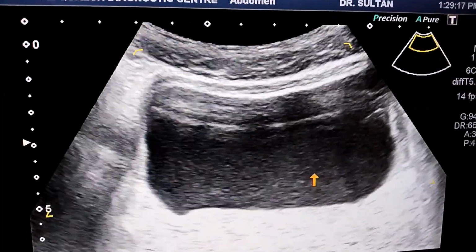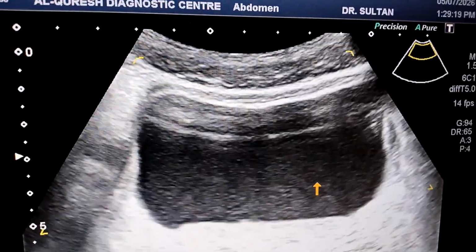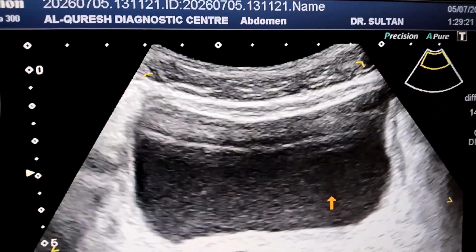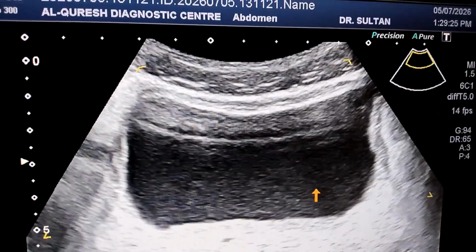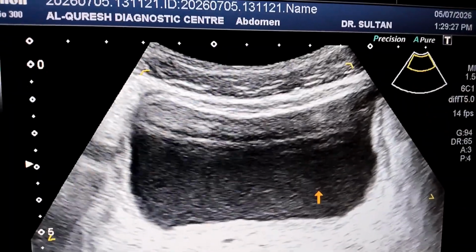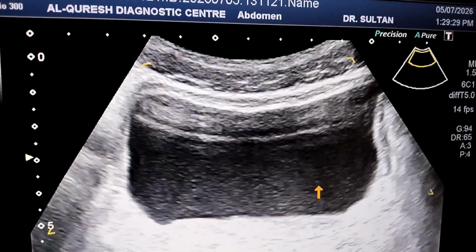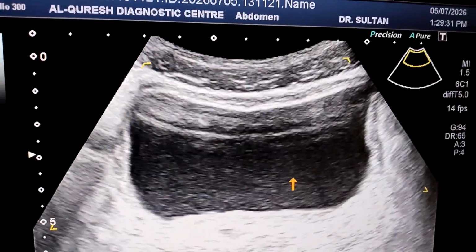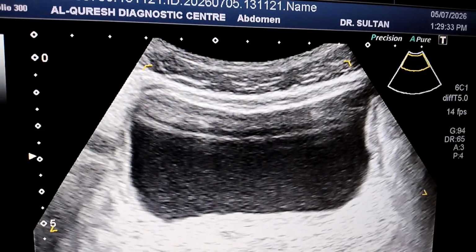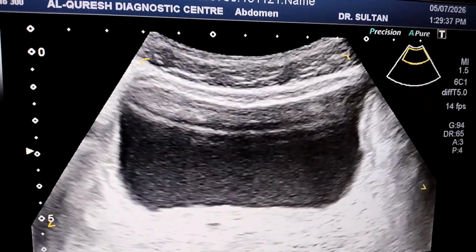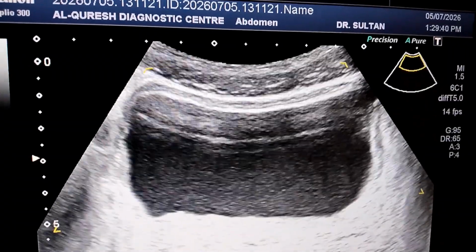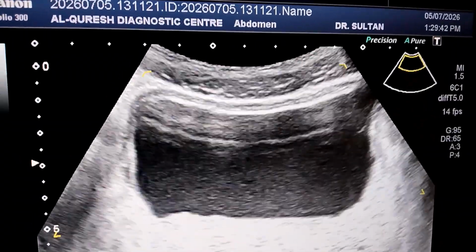So when we have adopted this maneuver to change the setting, increasing the brightness, and we see the internal echoes, then also we should ask the patient to have a tilt so that we should see what is the behavior of the internal echoes within the urinary bladder.